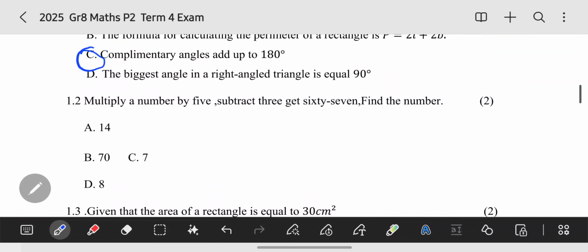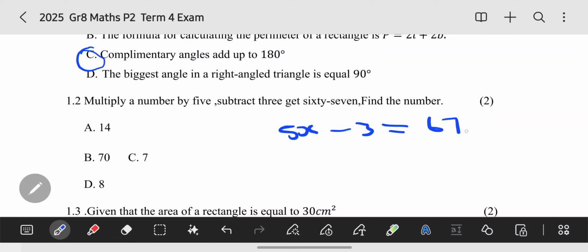Let's go to 1.2. It says multiply a number by 5, subtract 3, get 67. Find the number. Multiplying a number by 5 is 5x, subtract 3, minus 3, and we get 67.